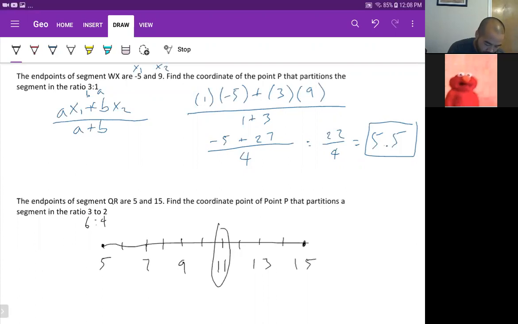There's 6 pieces here and 4 pieces here. So this answer would be 11. Okay. So either method, whether you do it algebraically or with a picture, it'll get you the answer.